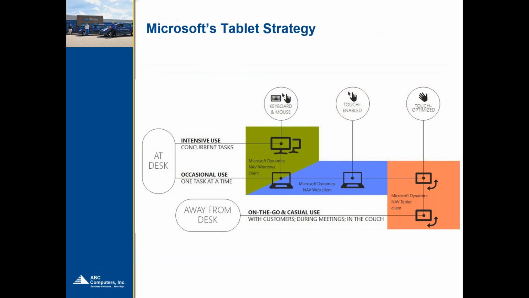Now, there's also people who use NAV sitting at a laptop. They're not transacting. They're looking at reports. They're answering customer questions. Maybe a laptop is okay for them, and from that standpoint, maybe a web client is all that user needs. You've got laptops that are both conventional screen and touch enabled.